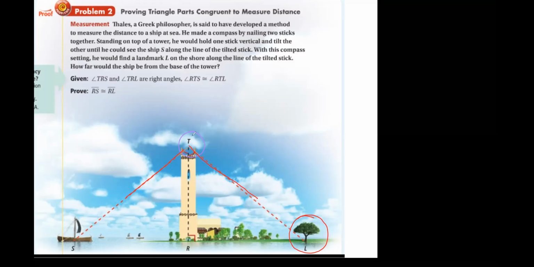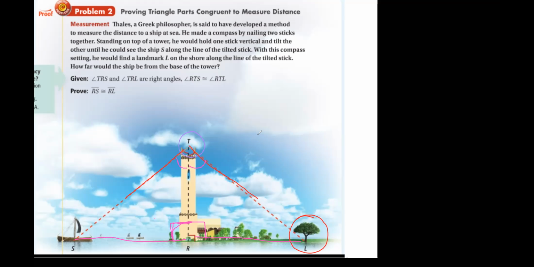We must have the same distance from S to R and from R to L. Show me that they have the same distance. You tell me that these two angles are right angles, or it's given. And since he made the two sticks at the same time, these two angles are congruent.